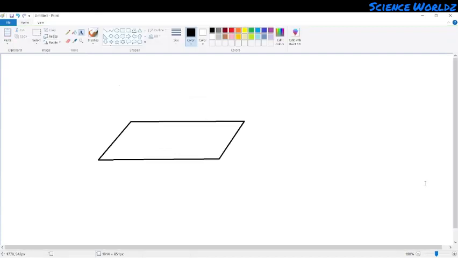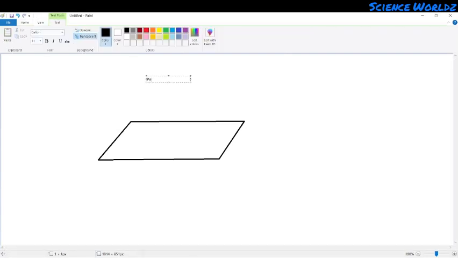So now we are going to discuss the formula of the perimeter of a parallelogram. The perimeter would be the sum of all the sides of a shape.